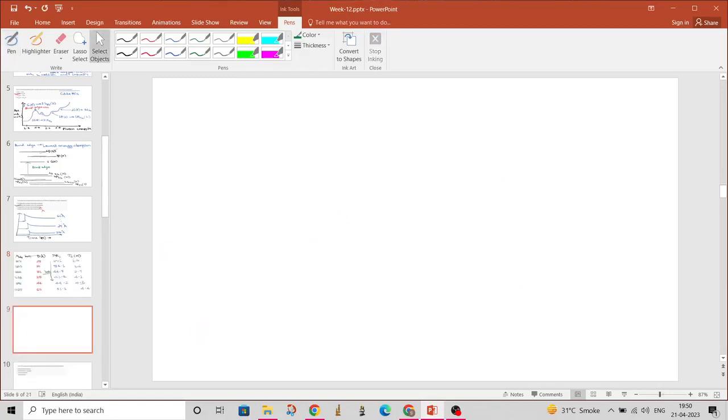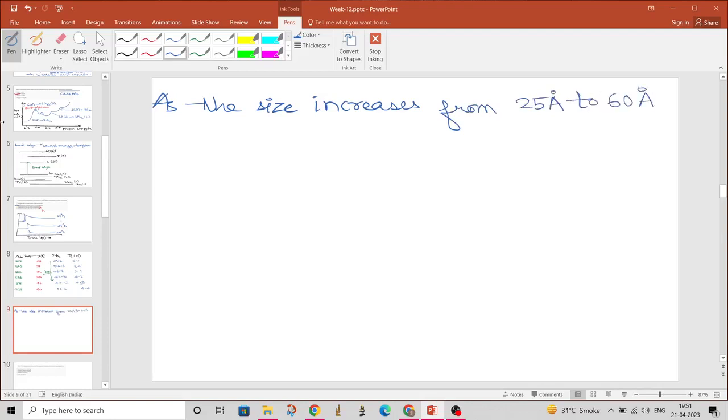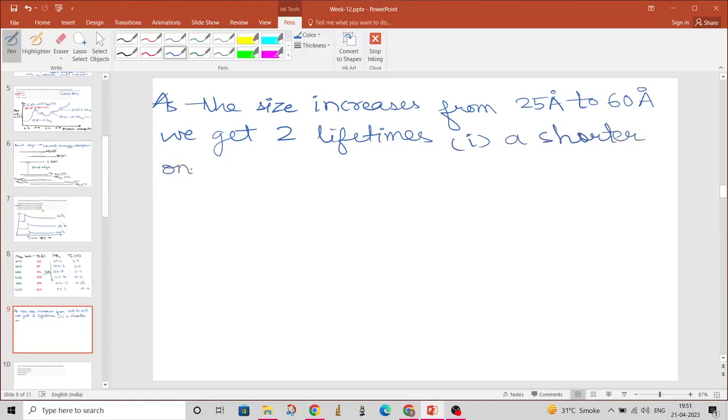So we can write that as the size increases from 25 angstrom to 60 angstrom, we get two lifetimes: a shorter one, 3 to 5 picosecond, which I have shown here, and I have not drawn the faster one.